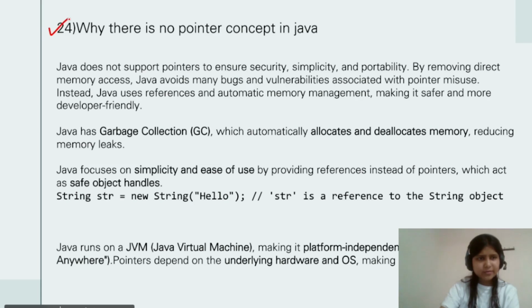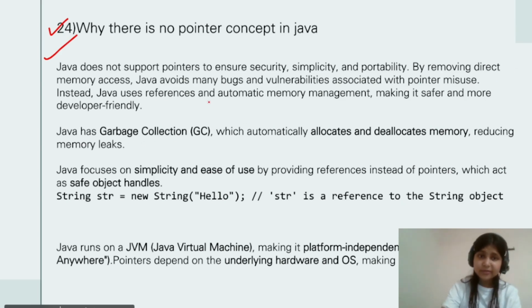Okay, this is our next question, like why there is no pointer concept in Java. In Java we have references instead of pointers. Okay, so now for more details we will read these answers. Java does not support pointers to ensure security, simplicity and portability. By removing direct memory access, Java avoids many bugs and vulnerabilities associated with pointer misuse.